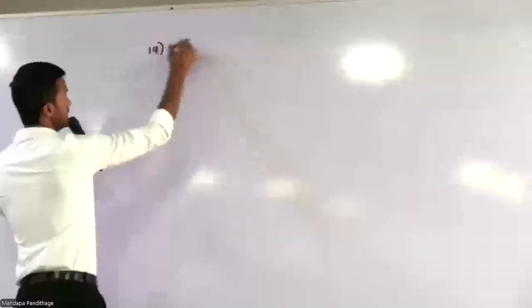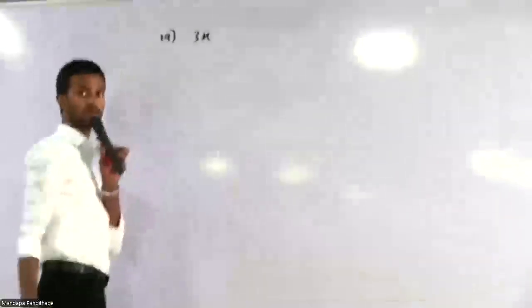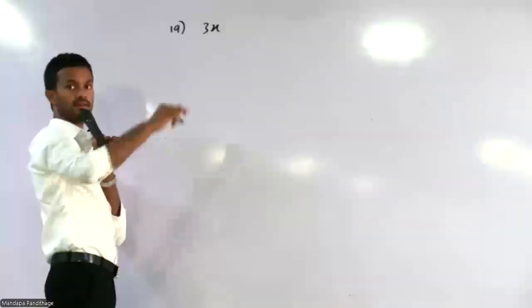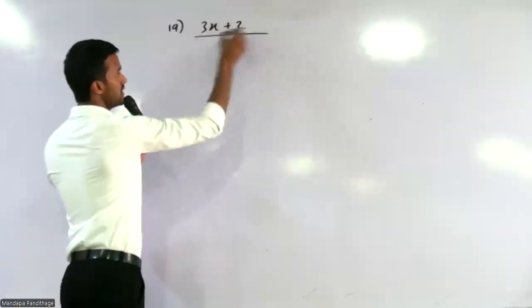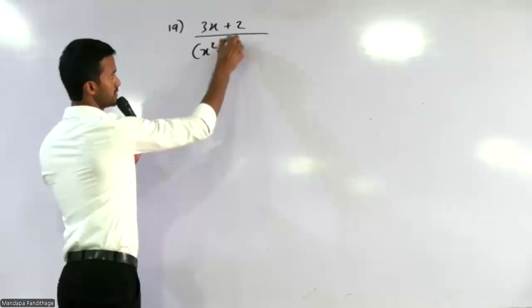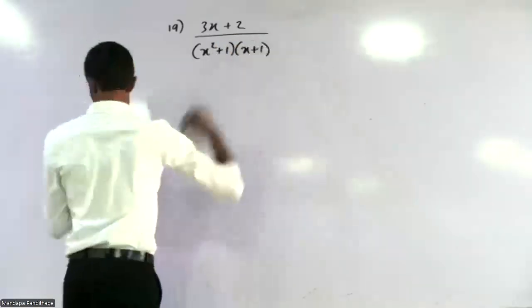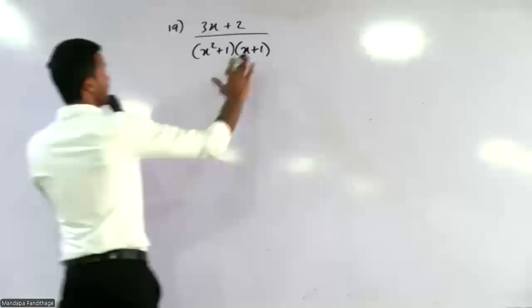Okay, so what we have in question number 19 is 3x plus 2 over x squared plus 1 into x minus 1.